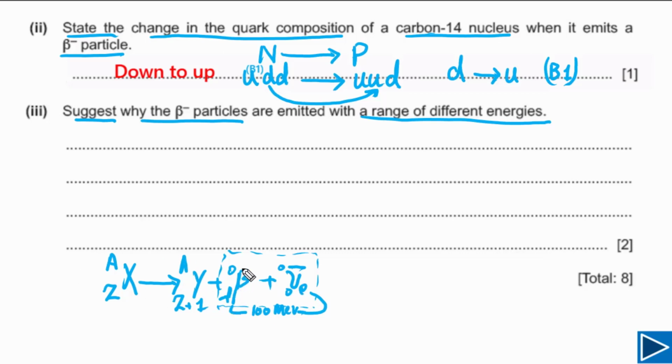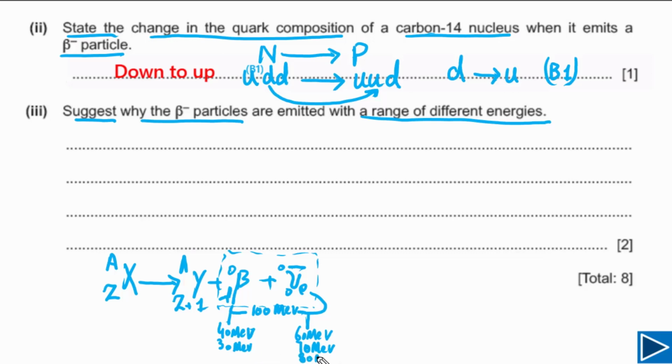So the energy of this beta minus particle can be 40 mega electron volt. If the energy of this one is 40 mega electron volt, then the energy of the electron anti-neutrino will be 60 mega electron volt. If the energy of this electron anti-neutrino is 70 mega electron volt, then the energy of this one will be 30 mega electron volt.